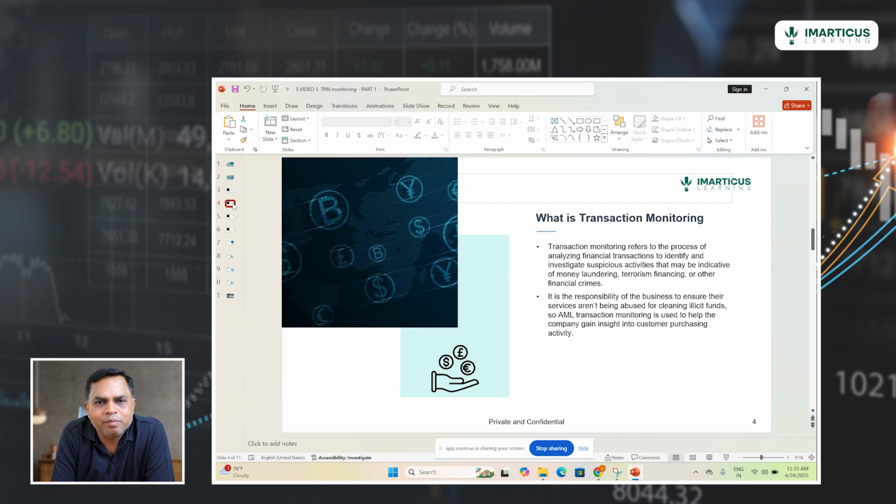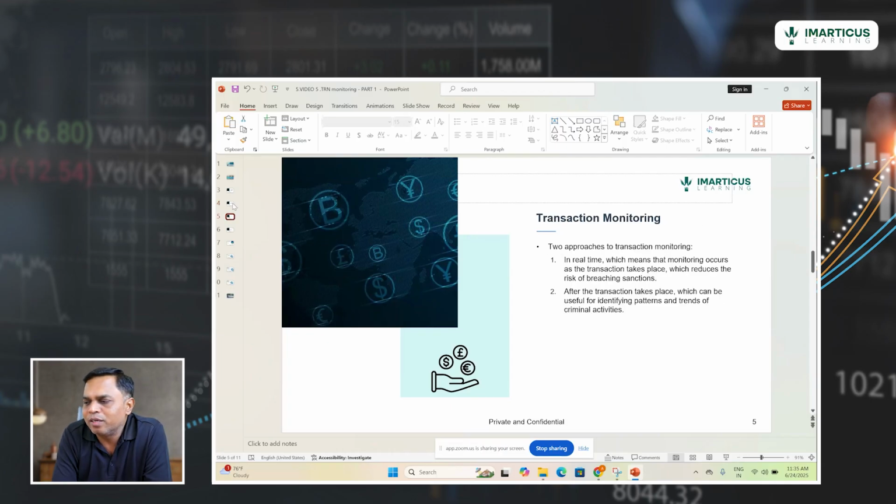If money is transferred into a customer account, the bank needs to understand who is transferring this money in. Or if the customer is paying someone, they need to understand who the recipient is. The sender or receiver, geographic location, and nature of relationship are also analyzed. These are some of the things analyzed in transaction monitoring.